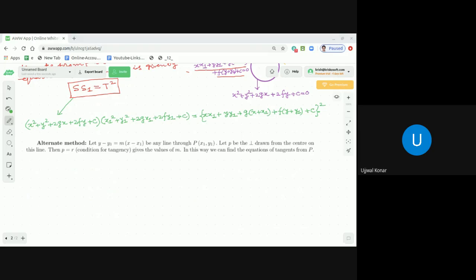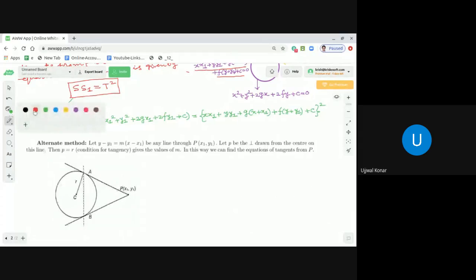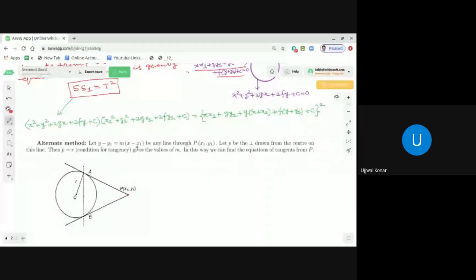So as you see, from this point P, you take any straight line, any straight line passing through the point P.